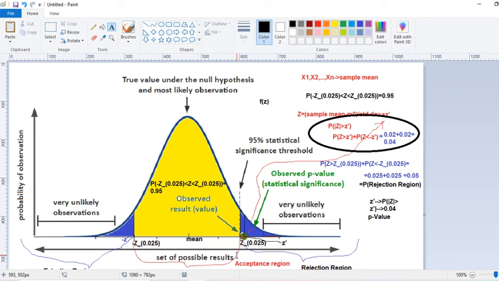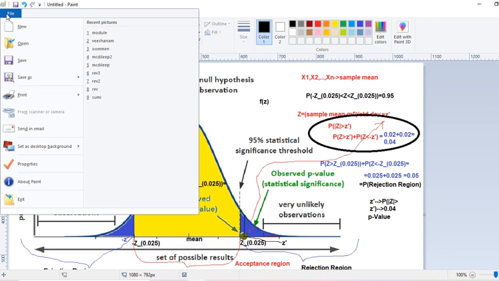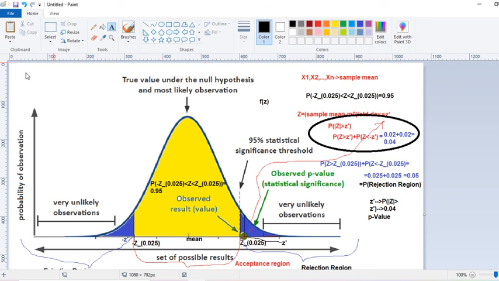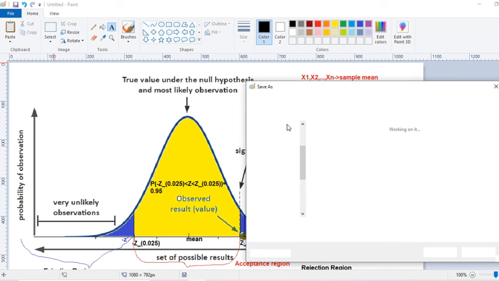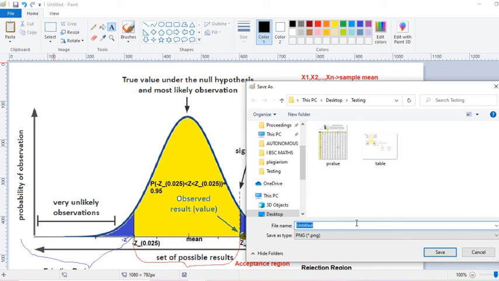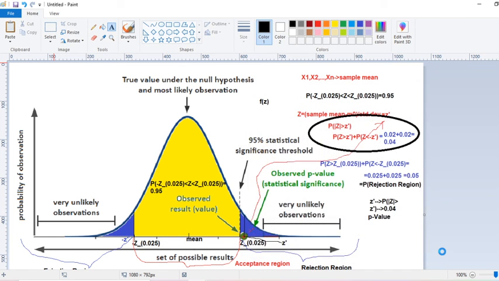We have used several tables, several graphs, several interpretations. Try to understand this concept, and if you have any doubt you can ask me, no problem.